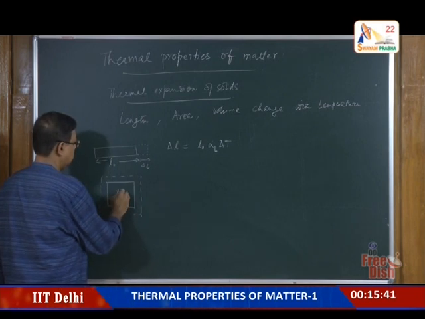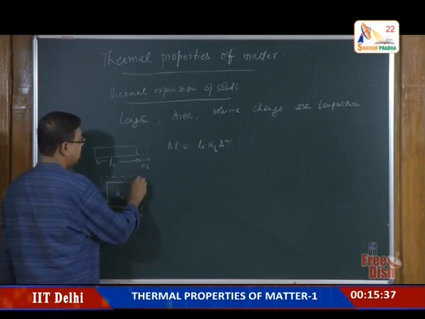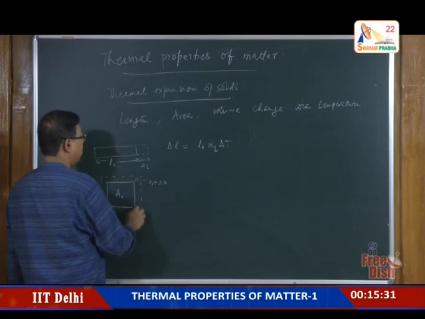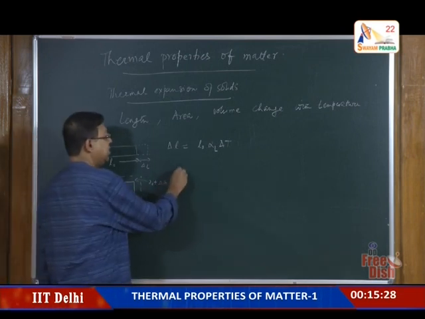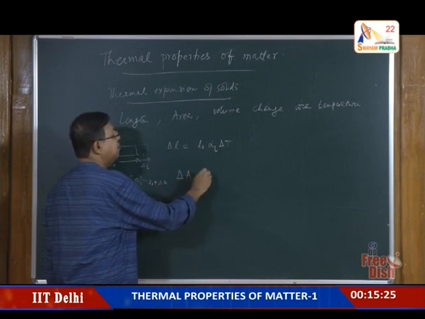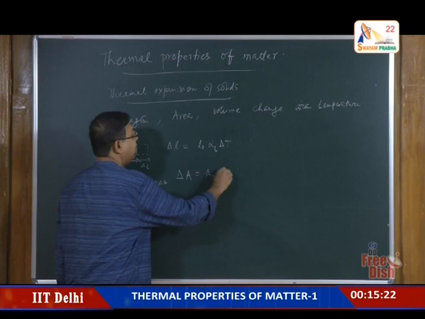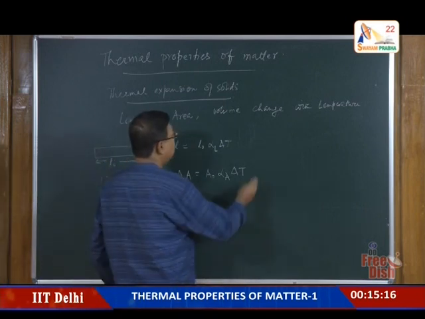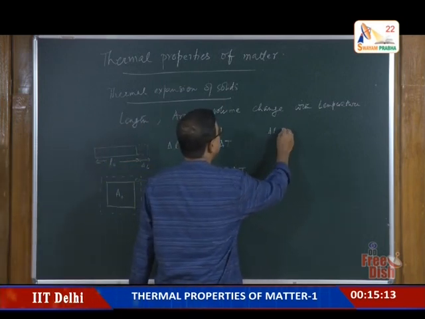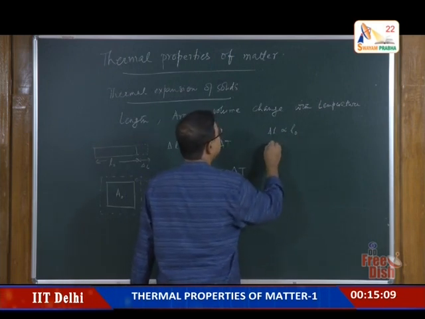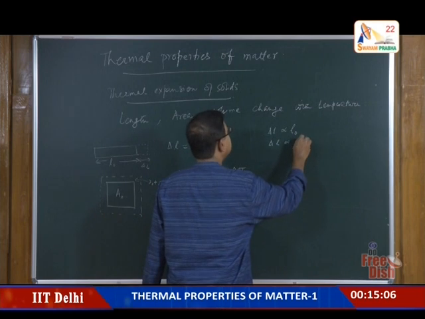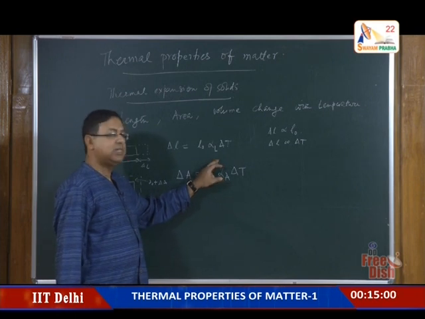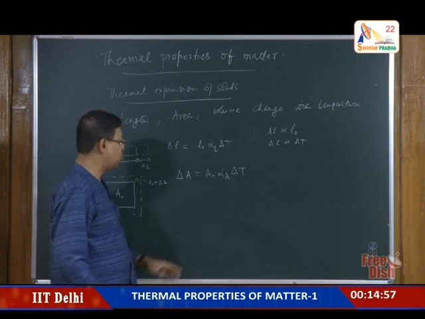This is my original area A0 and this has area A0 plus delta A, where delta A is the increase in area, and similarly delta A can be written as A0 alpha A delta T. I am skipping all the details, understanding that you know about this: delta L is proportional to L0, delta L is also proportional to the change in temperature delta T, and alpha L is simply used as a proportionality constant, and so is alpha A here.